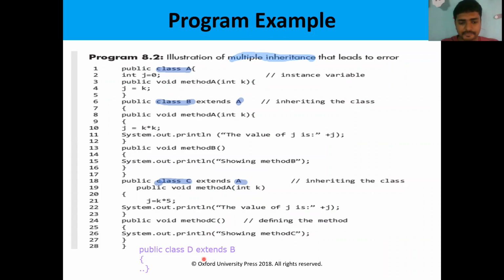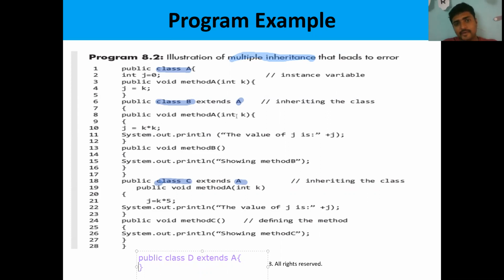Here class D extends the properties of class A. So this is the example for hierarchical inheritance also.